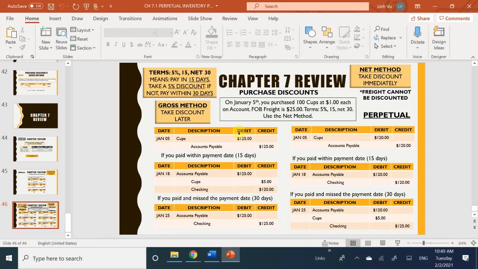Because again, if you're going to wait till the end of the period to check up your inventory and make your physical count, your automatic assumption is you sold everything, right? There's no way unless you match your sales to it, which then again would defeat the purpose of having a periodic inventory if you have to match your sales to it.